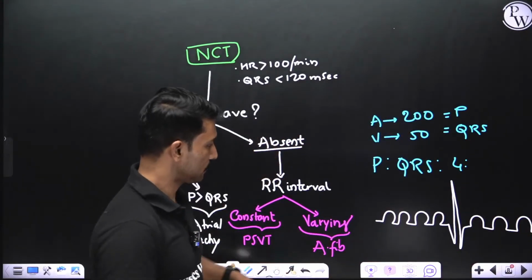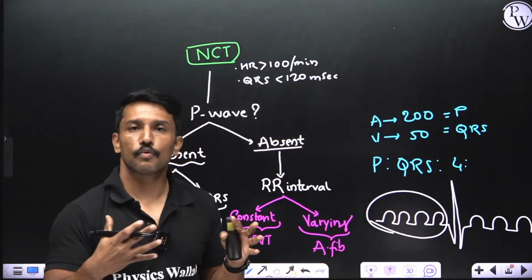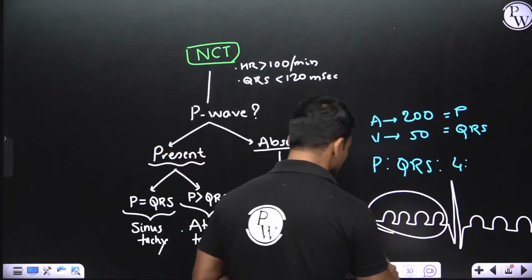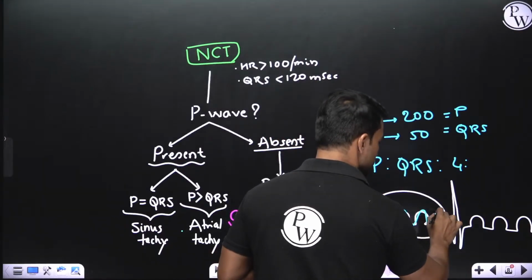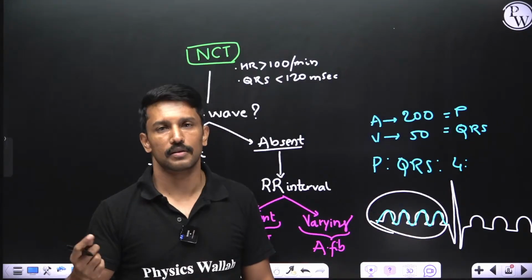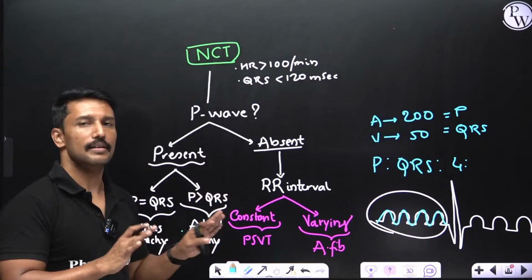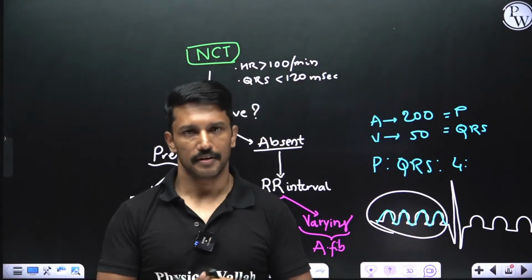In such cases, this may create an appearance of what we call a sawtooth, right? If I look at the baseline, it kind of looks like a sawtooth. So in that case, we will call it atrial flutter. So can I say atrial flutter is a subtype of atrial tachycardia? Yes, atrial flutter is a subtype of atrial tachycardia.